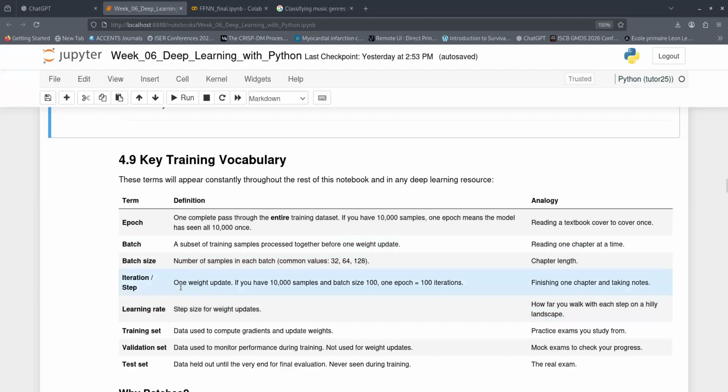You have also the step, one weight update. If you have 10,000 samples and a batch size of 100, one epoch will be 100 iterations.